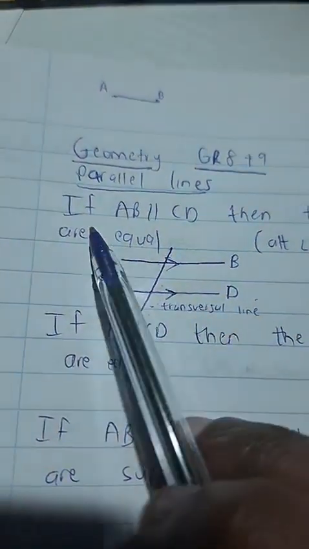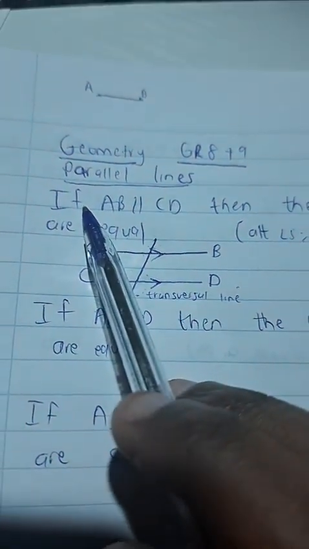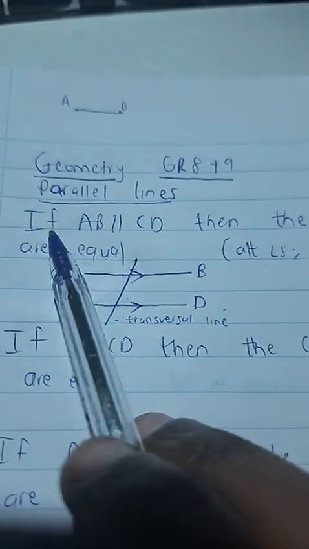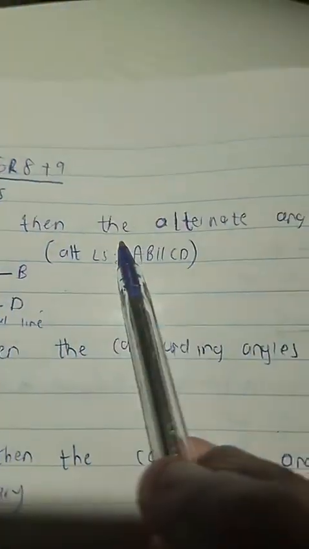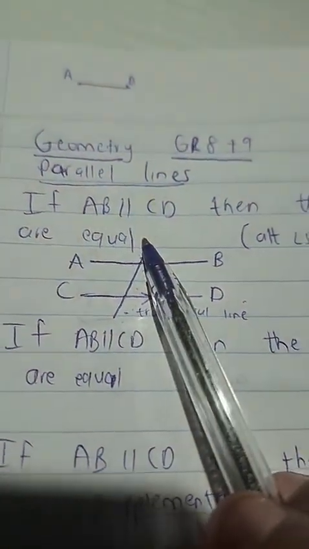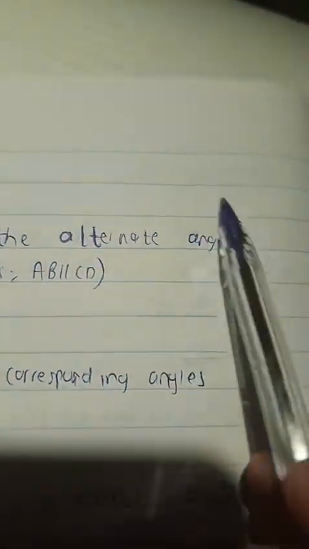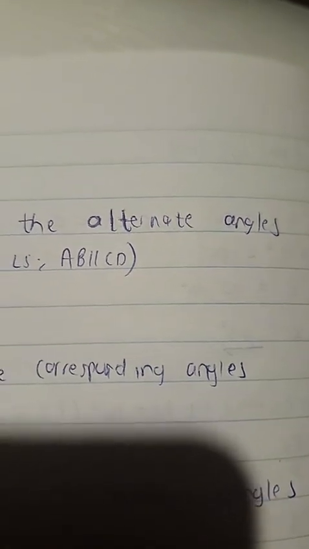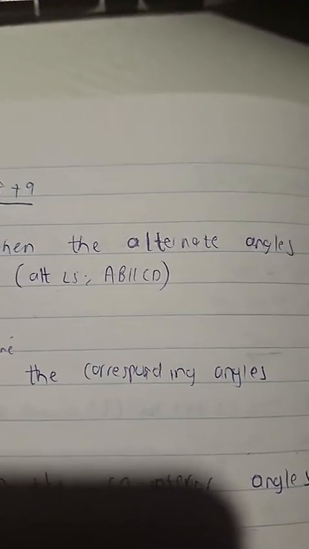Therefore, if we come back to the statement, if AB is parallel to CD, then the alternate angles are equal. Then we understand that alternate angles must be angles located in a certain position.